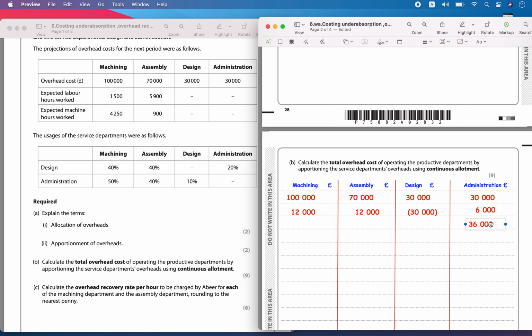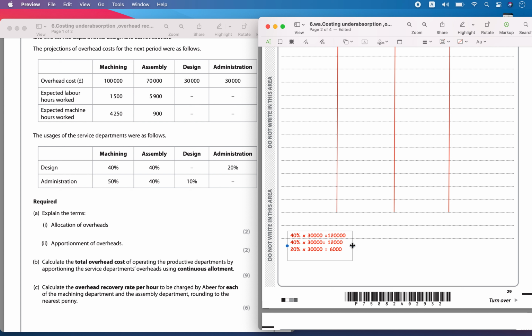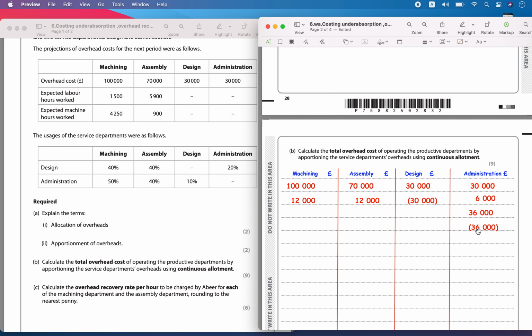Now I have to remove this cost from the department, so I will apportion it in the ratio of 50, 40 and 10 percent.